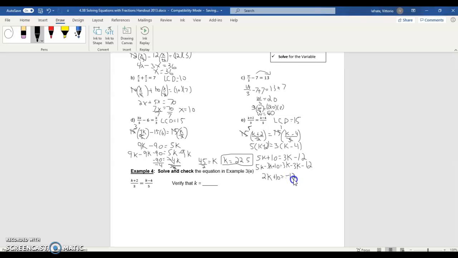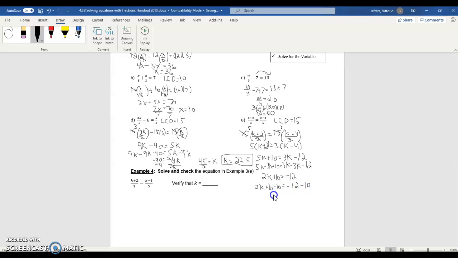And now I'll get the constants on the right side. So we need 2k plus 10 minus 10 is equal to minus 12. Since I did minus 10 on the left side, I have to do minus 10 on the right side as well.